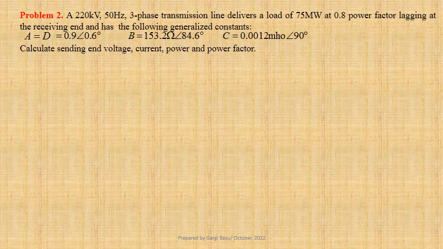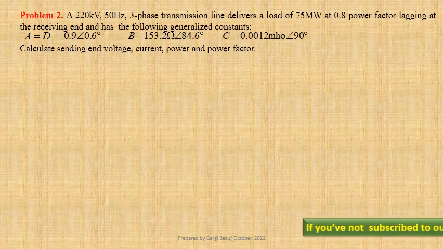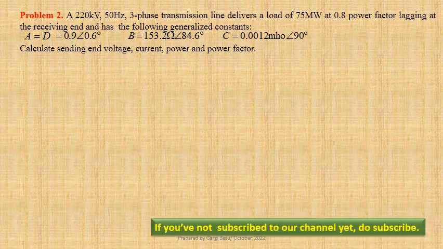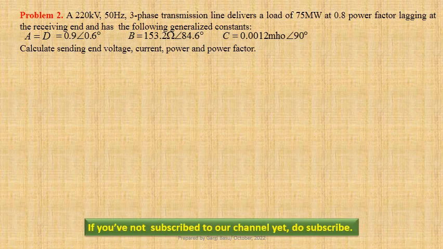A 220 kilovolts 50 Hz three-phase transmission line delivers a load of 75 megawatt at 0.8 power factor lagging at the receiving end and has the following generalized constants. A equals D equals 0.9 at an angle 0.6 degree.